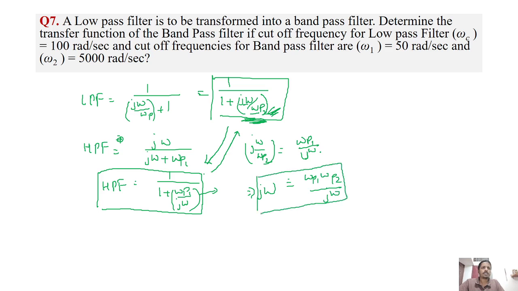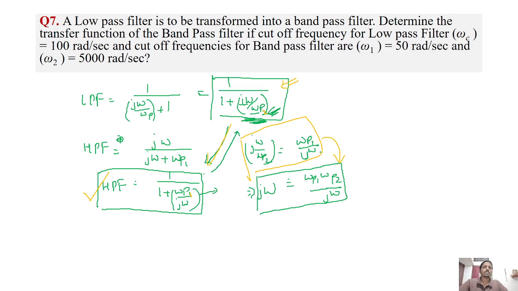I need to write the transfer function of the high pass filter, but I have only the low pass filter transfer function. We know the low pass filter cutoff frequency is omega p2, and the high pass filter cutoff frequency is omega p1. So how can I transform this transfer function into that? I just need to substitute the j omega value. From this relation, j omega equals omega p1 into omega p2 by j omega.